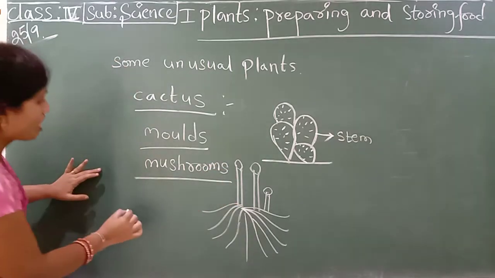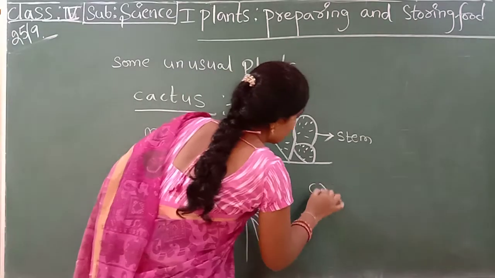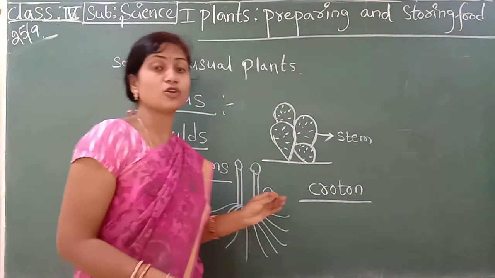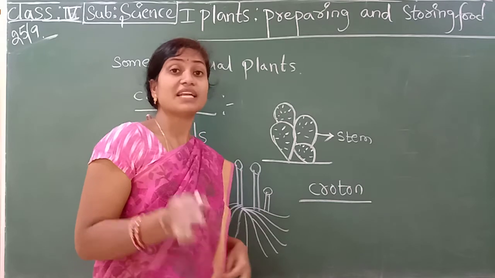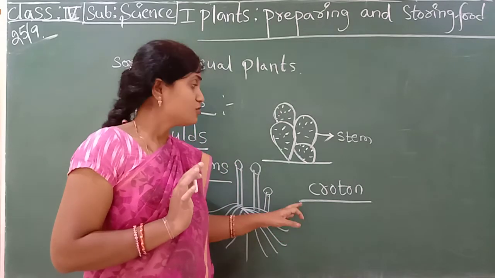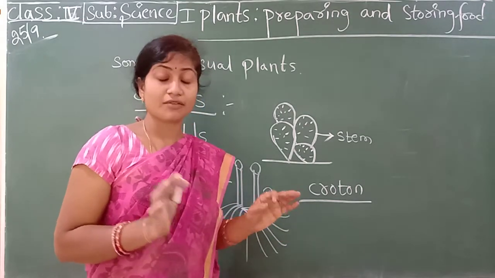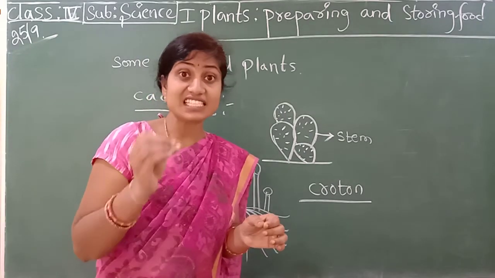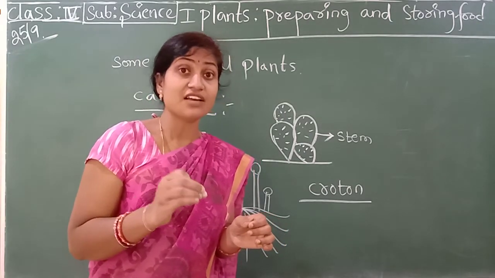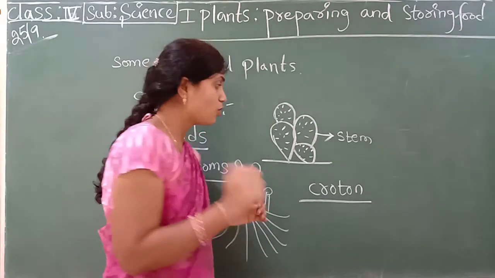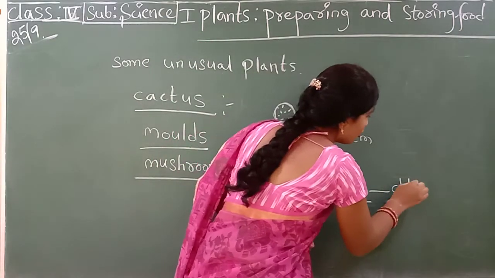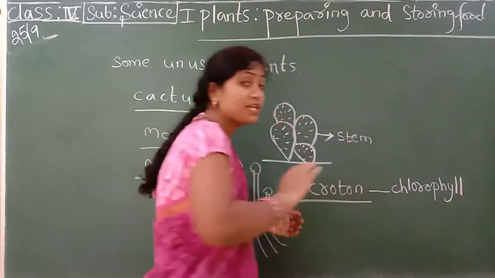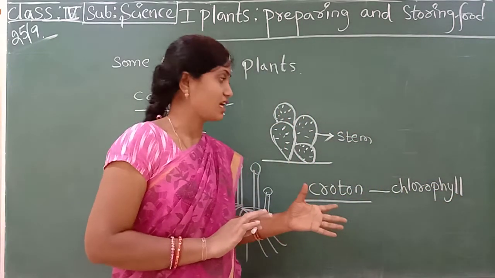So next, croton. Croton also looks reddish in color, but inside it has chlorophyll. This is very important. All plants and leaves look green in color because of a very important substance inside. That is the chlorophyll. Already we discussed that only if chlorophyll is there do plants look green.